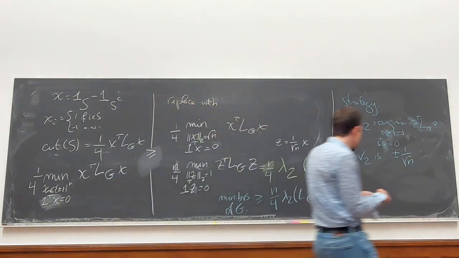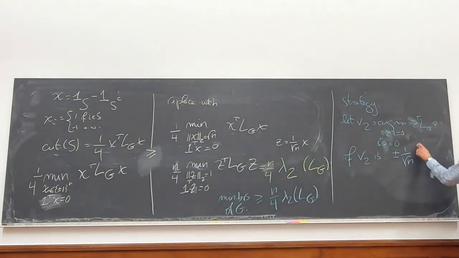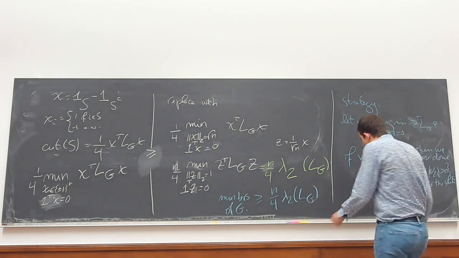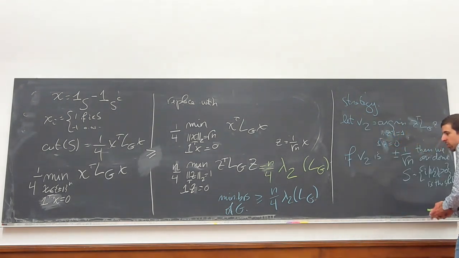If it is, then we're done. Basically S, the set of i such that V2 entry i is bigger than 0, is the minimum bisection, is the solution. And if we're close to this, it's also clear that something like this probably works. So a very reasonable strategy is to just do the following.